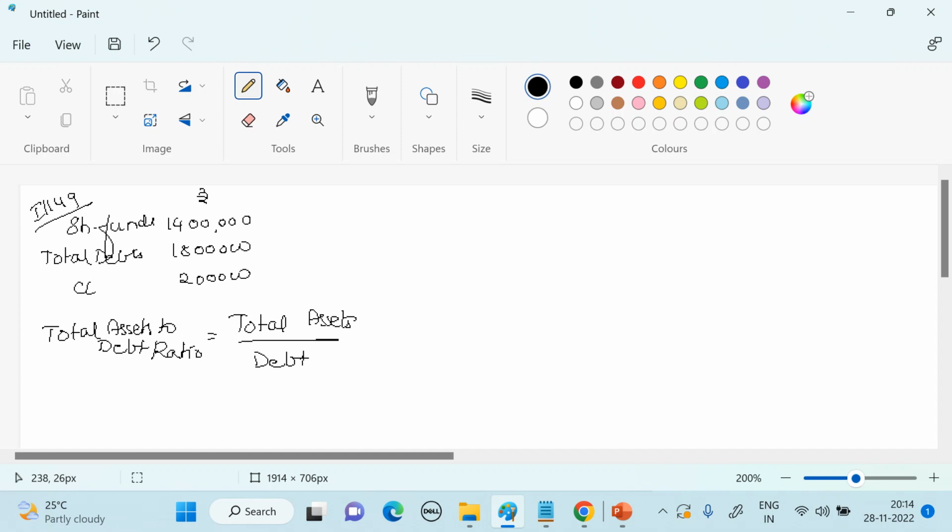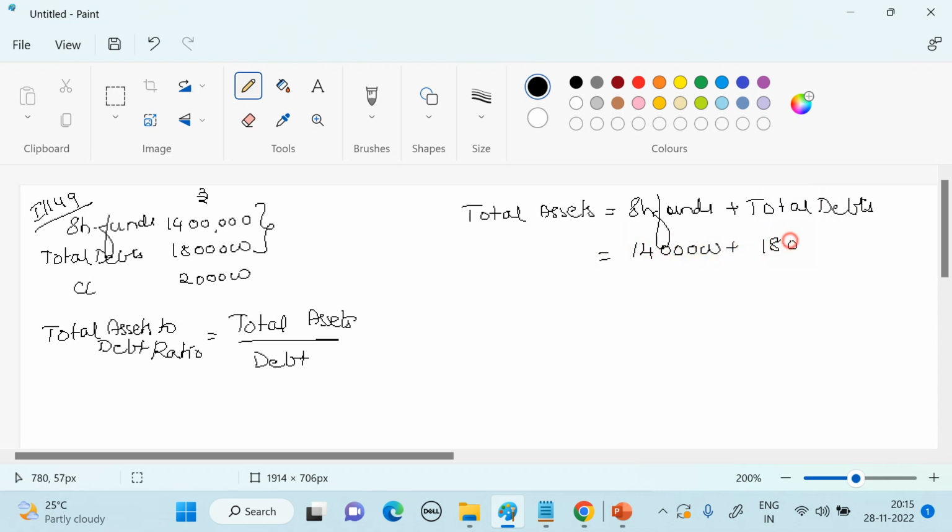There are shareholders' funds and total debts given. On the liability side, what do we have? Shareholders' funds, non-current liability and current liability. The non-current liability and current liability together form our total debt. So if we add these two, we get the total assets. Total assets from this information would be the shareholders' funds plus the total debts, that is 14 lakhs plus 18 lakhs, so 32 lakhs. So we get the numerator, 32 lakh.